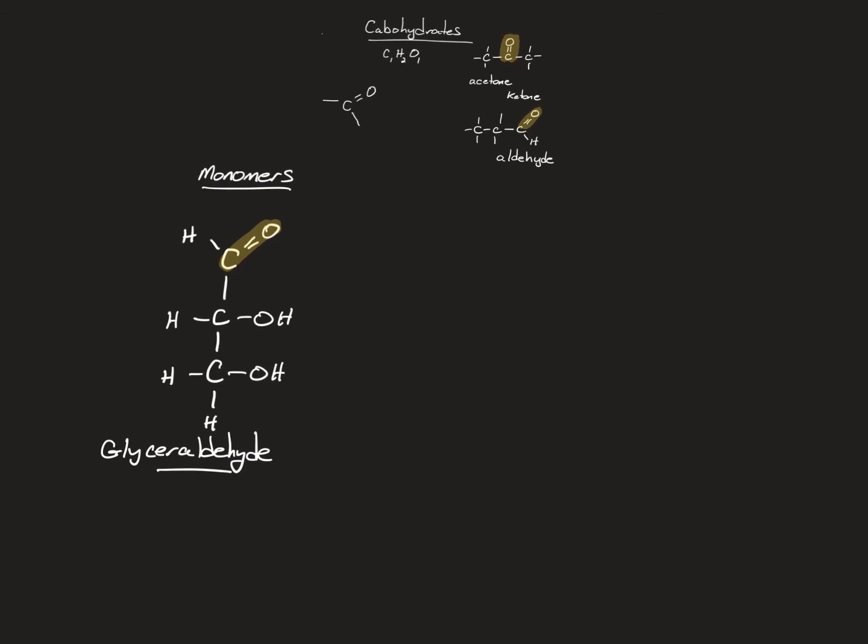And when you break down glucose in your cells, the very first thing that you make is glyceraldehyde. So this is a very key component in a lot of different biochemical pathways. Getting to know glyceraldehyde is a good investment of your time. 3 carbons, it's an aldehyde, so it has a double bond O at the very end.